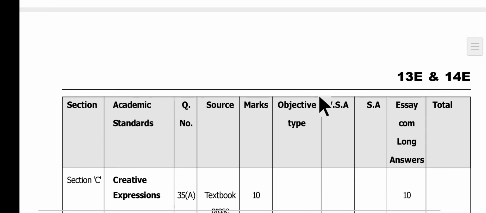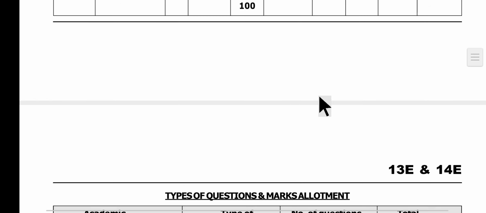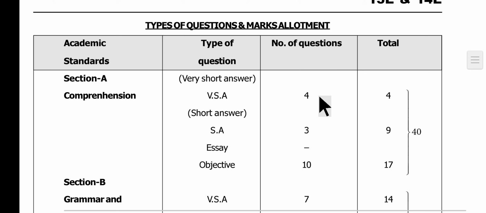Now we will look at the next area, that is the different types of questions and marks allotment. Regarding section A, comprehension, we have very short answer type 4, short answer 3, no essay, but objective 10. So here 40 is a typing mistake, it can be read as 30 marks.